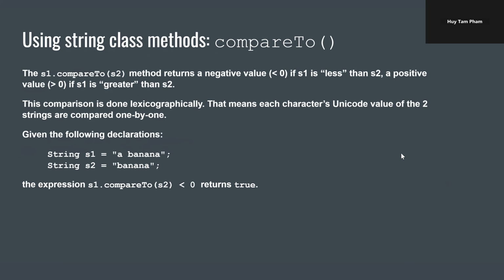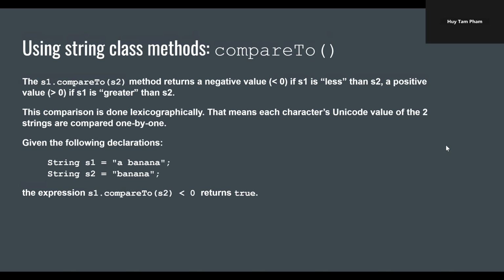If you want to know what will be returned when they are the same, it will return 0. The comparison is done lexicographically, which means it compares each character's Unicode value of the strings, one by one.